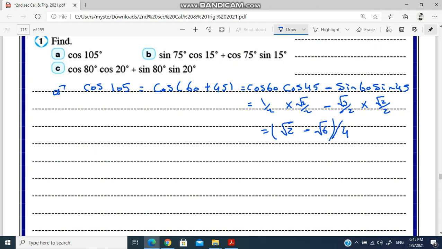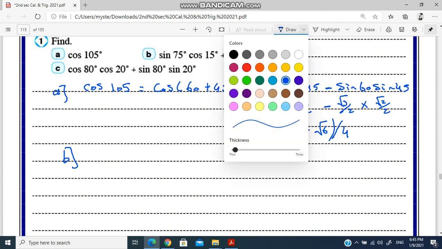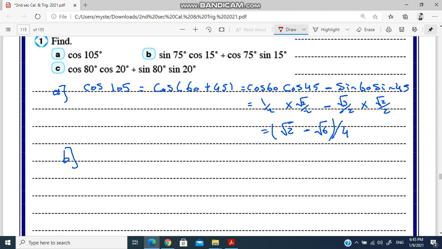This is number 1. The second one, sine 75 cosine 15 plus cosine 75 sine 15. This is sine cosine, cosine sine, this is the sine rule. So it will be sine 75 plus 15, which equals sine 90.